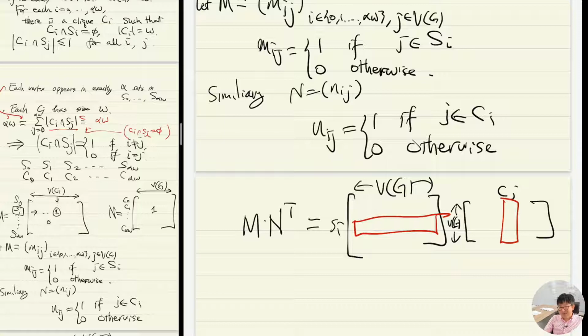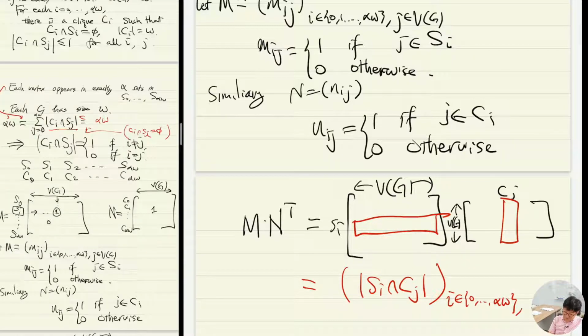If you have a 0 in both coordinates, they meet and still form 0. If you have 1 and 1 at the same location, then it will add up. Otherwise, it's not gonna add up. So this matrix precisely describes the intersections, where i and j are both from 0 up to alpha omega.